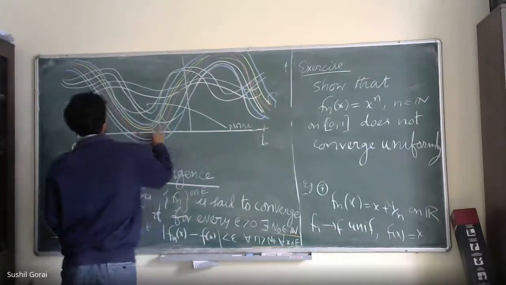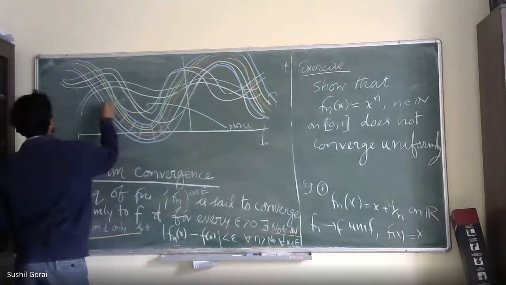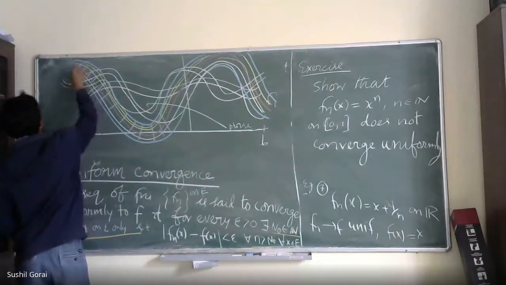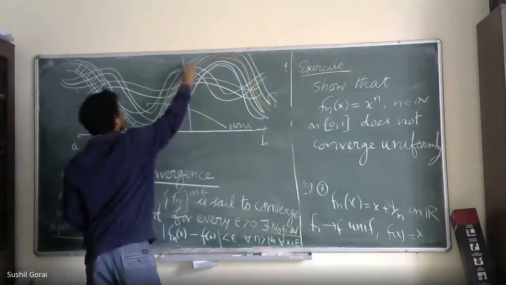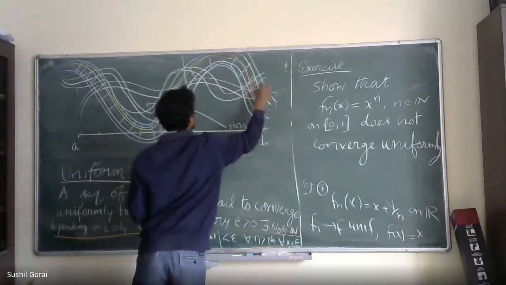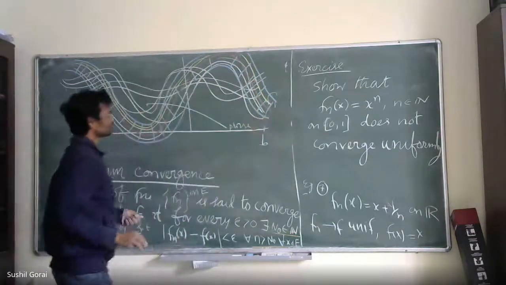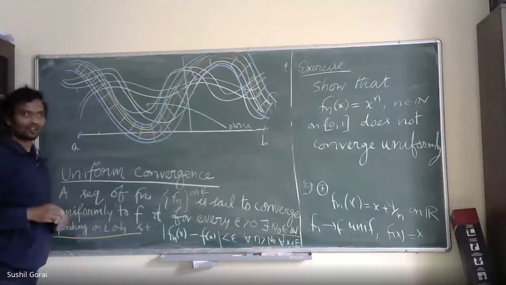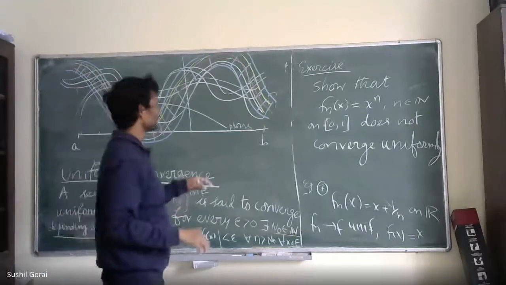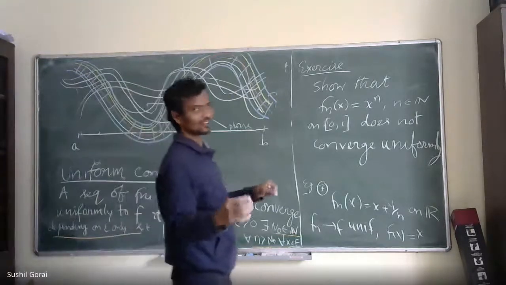You see this blue one. This blue one is a neighborhood. And after some n, the graph of Fn must lie in that neighborhood.